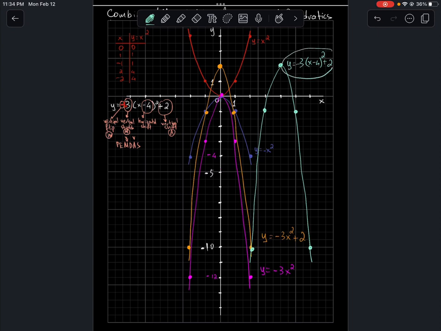And if you compare this with what I wanted to graph, I have graphed it, and that's the graph of negative 3 (x minus 4) squared plus 2. Alright, that's it.